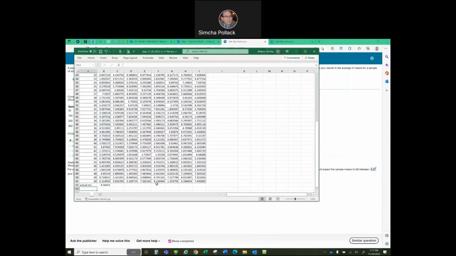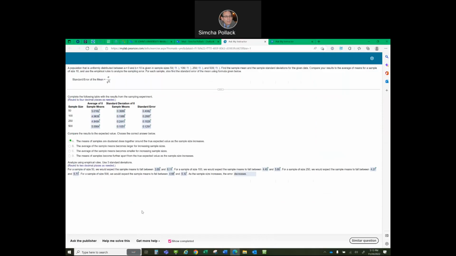The actual standard deviation. Is that a question we really wanted to answer? Standard deviation of 8 sample means. No, we don't need the standard deviation, but let's do it anyway. I'll tell you why it's going to be interesting.